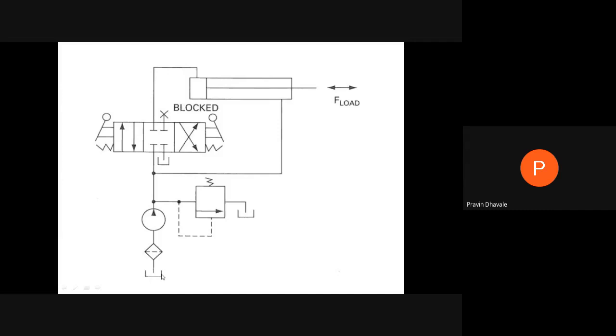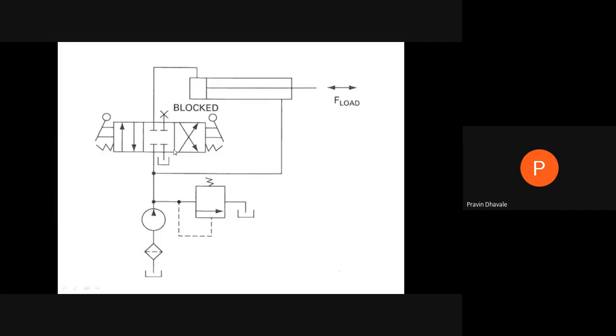Now, what is this reservoir? What is this filter? What is this pump? What is this pressure relief valve? Now, which is this? Anybody can tell? What is this? Hello? 4x3 direction control valve.